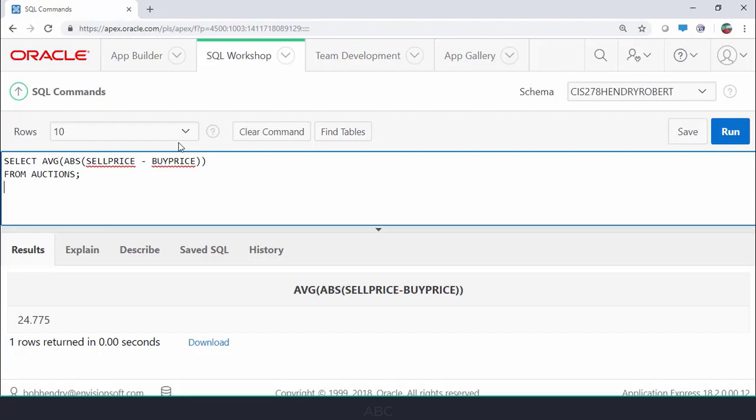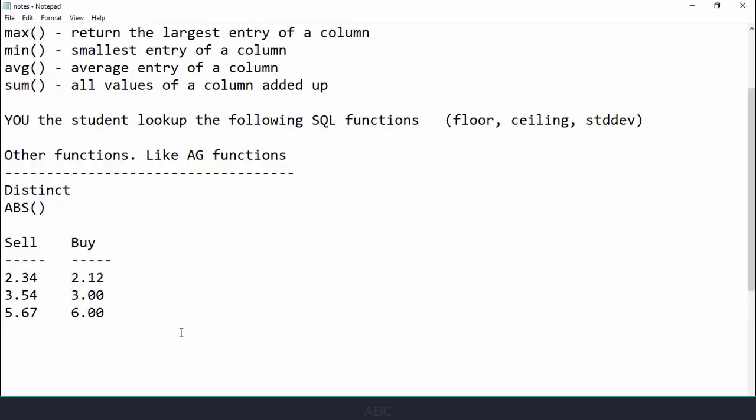There is another function called greatest and least. Greatest is a function and least is a function. Now again, kind of aggregate functions, but not really.